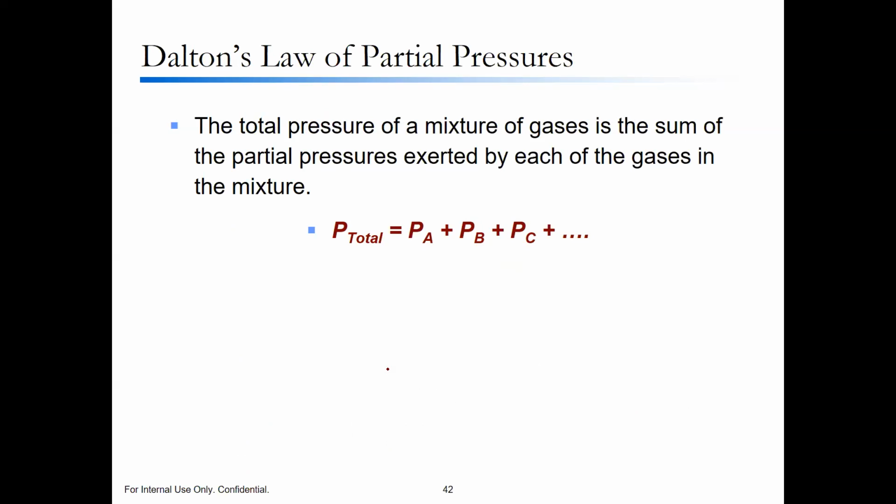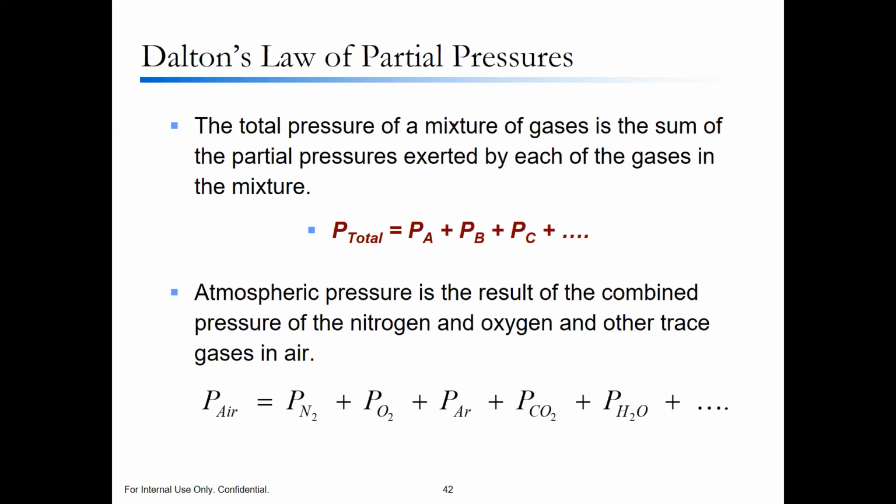Okay, then we've got something called partial pressures. What does that mean? What is the total pressure of a gas? Suppose you have a mixture of gases like air. Right now we're breathing in air, but what's in the air?